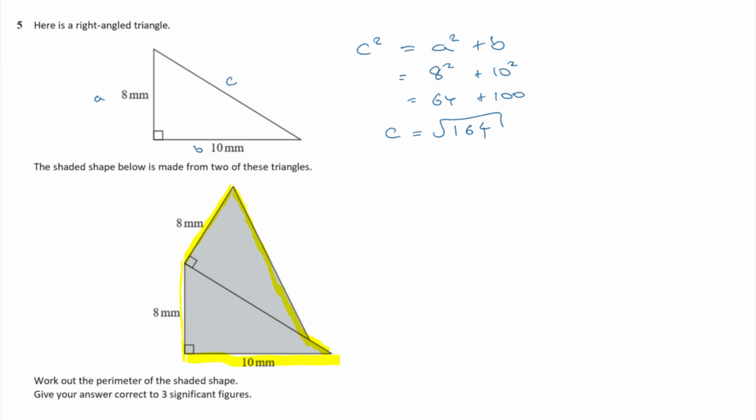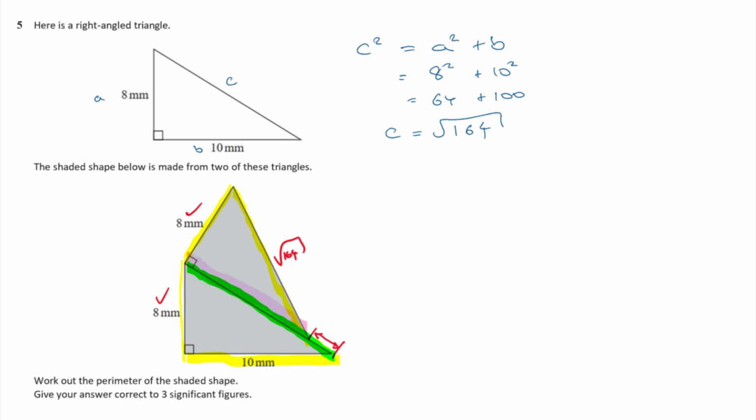So now we know this side is root 164. So the last thing we need to do is this little teeny tiny bit here. Okay, now if you think about it, that length there is the difference between the hypotenuse of our triangle, which we know is root 164, and this side of it, the side which is 10.